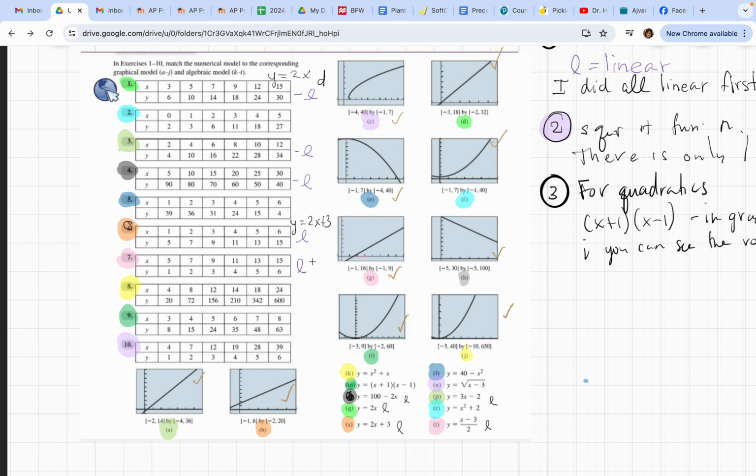All right, and then I'm going to have quadratics. I can see I have part of a quadratic and part of a quadratic. So everywhere quadratics, I'm looking at x squared. So this one has to be a quadratic, this one has to be a quadratic, this one has to be a quadratic, and this one has to be a quadratic.